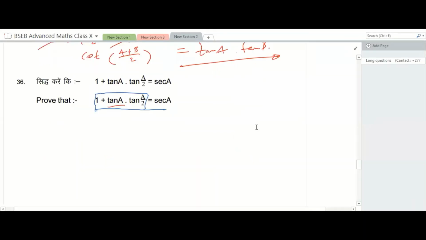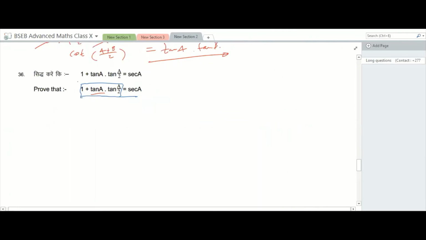So coming back to question number 36, remember we tried the other method where we used the expansion for tan of 2 times A over 2, and it was quite difficult to do it in that manner. So let us try the traditional way, which is much easier.